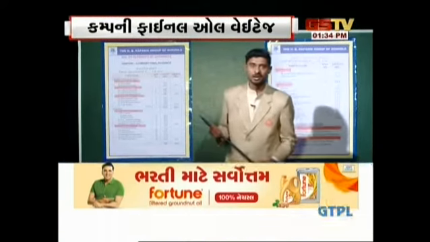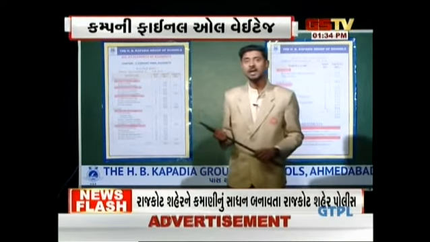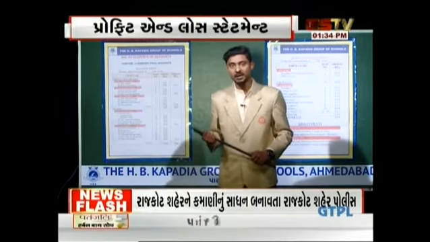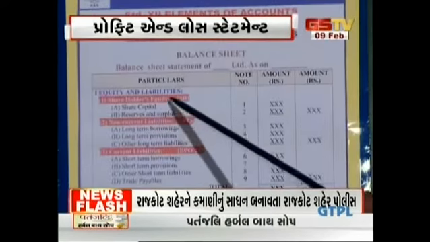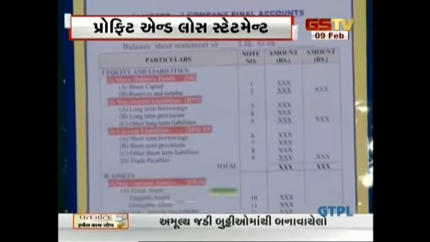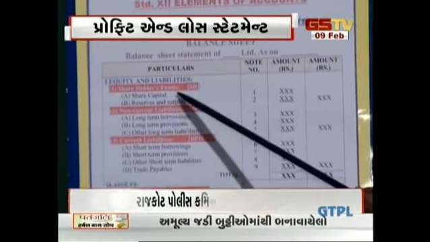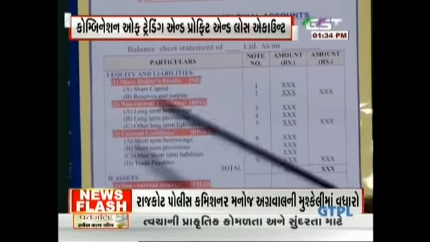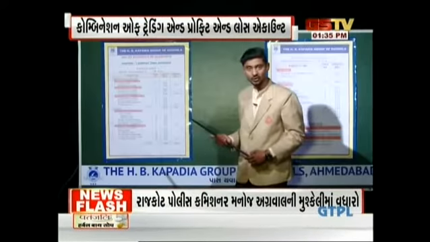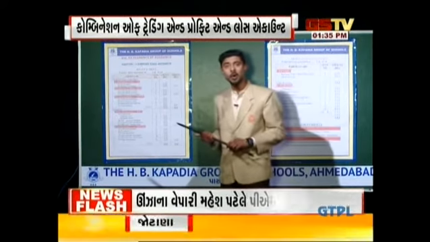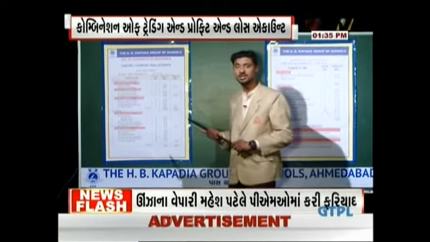See students, in general, company final accounts are prepared along with notes. These items are heads, not actual items. Under these heads, numerous items are there, so it is not possible to cover all the items in one balance sheet.